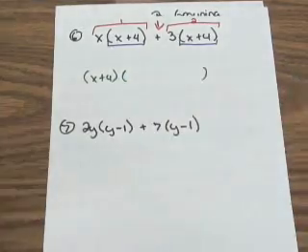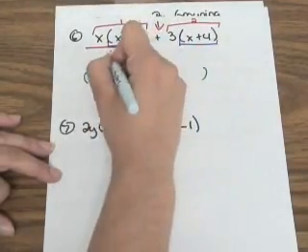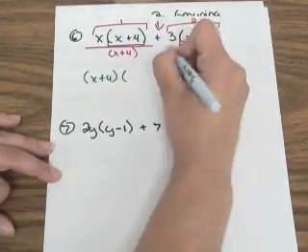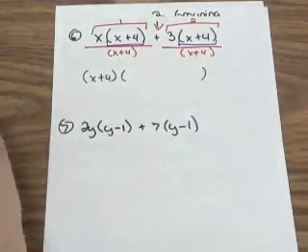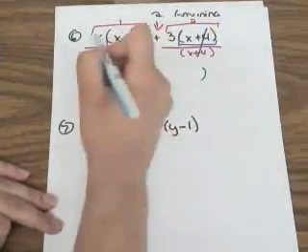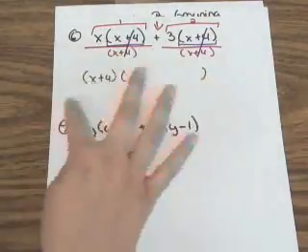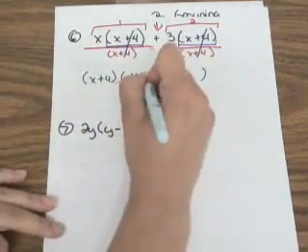The x plus 4's cancel in both terms, and you're only left with what they were being multiplied by, which in this case was the x and the 3. So here I have factored out the greatest common factor, x plus 4, and this would be my final answer. Again, you could use the distributive property to check and make sure you did everything correctly.